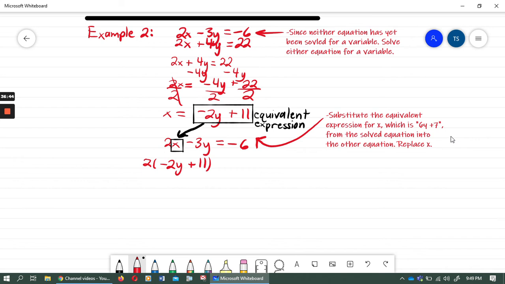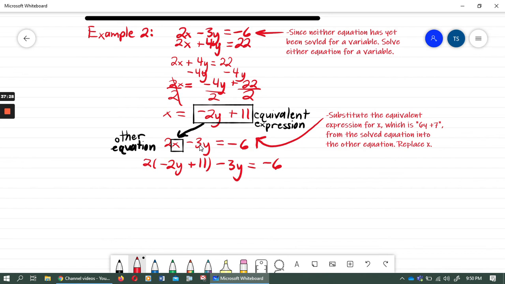So now we have replaced x with that expression, and we still need to write the rest of the other equation, which is -3y equals -6. All right, and so we're going to distribute that 2 inside the parentheses, and then we're going to combine our like terms and finish solving.